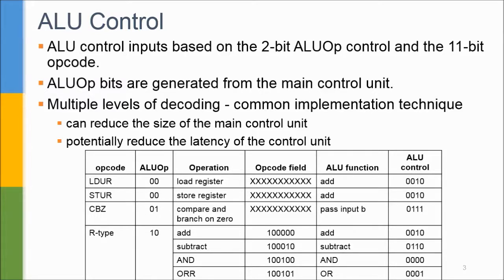Using multiple levels of control can reduce the size of the main control unit. Using several smaller control units may also potentially reduce the latency of the control unit. Such optimizations are important since the latency of the control unit is often a critical factor in determining the clock cycle time.